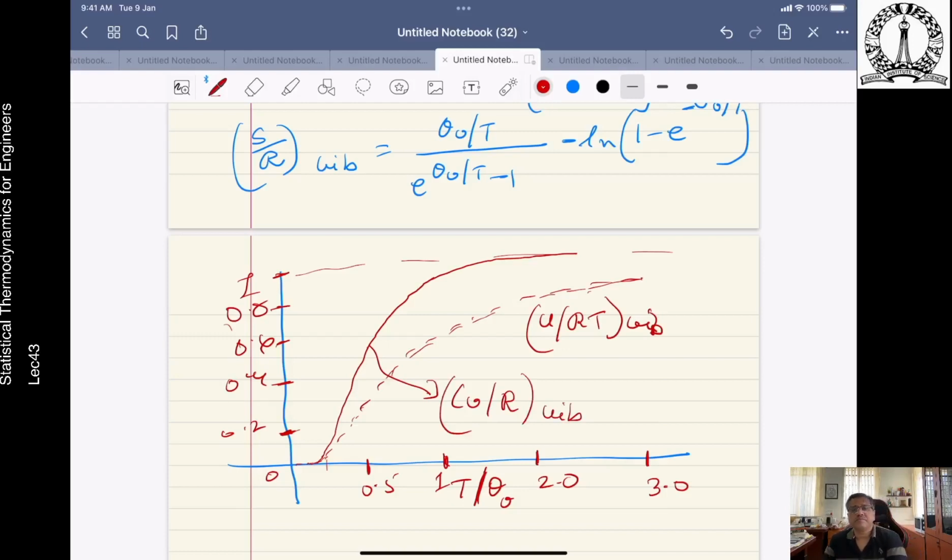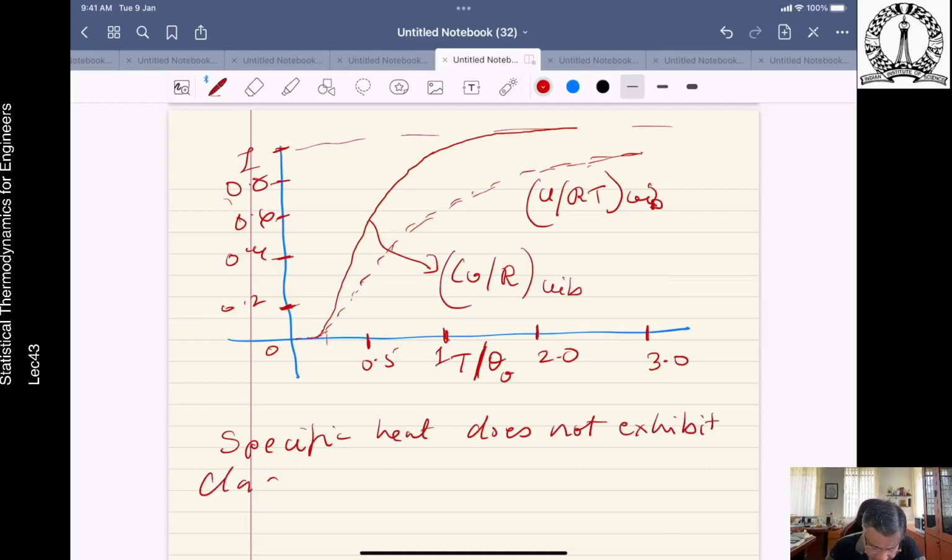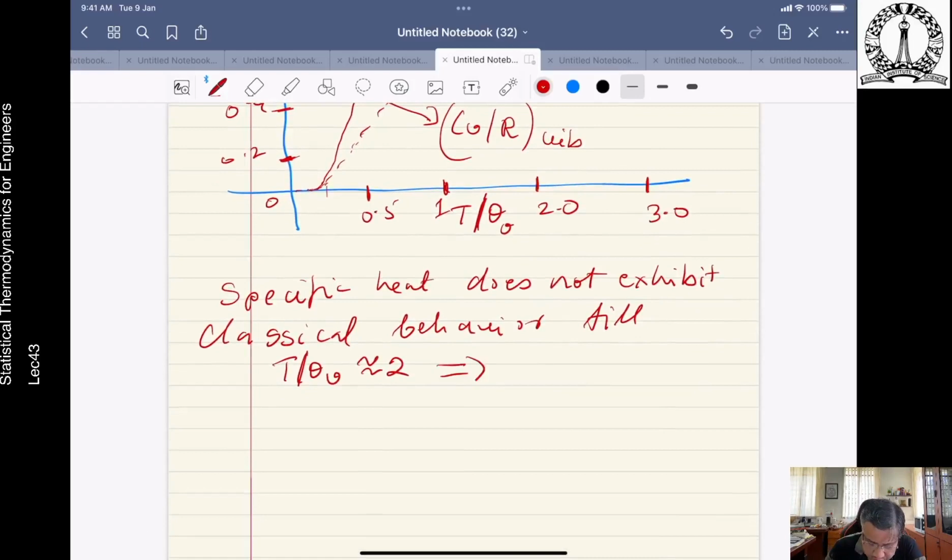As you can see, the specific heat does not exhibit classical behavior until T by theta v is equal to 2, which corresponds to T of almost 2000 to 12 Kelvin.